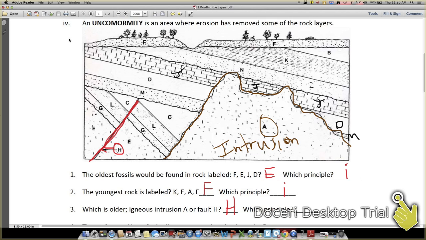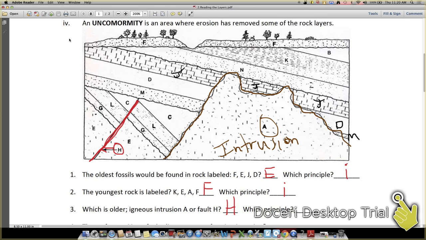Principle 2? Principle 2 says an intrusion is younger than the rock layers it cuts through. Well, this is only dealing with the intrusion and the rock layers. Is there a better principle? Yeah. Which one? Eddie.